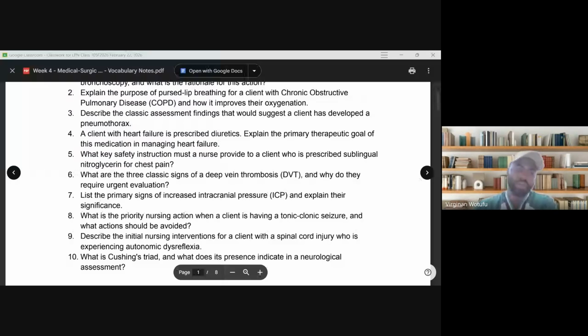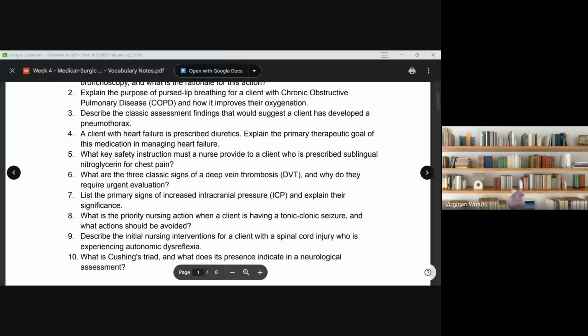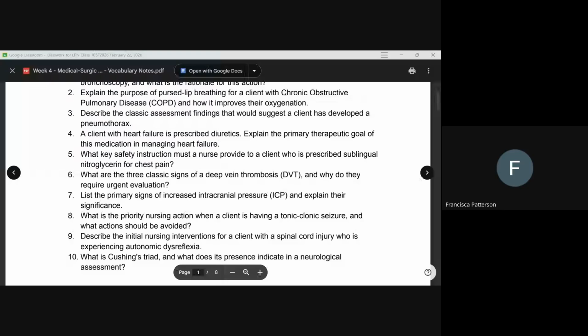So question 9 states: describe the initial nursing interventions for a client with a spinal cord injury who is experiencing autonomic dysreflexia. Can you see my screen? Yes, sir, you can now see.